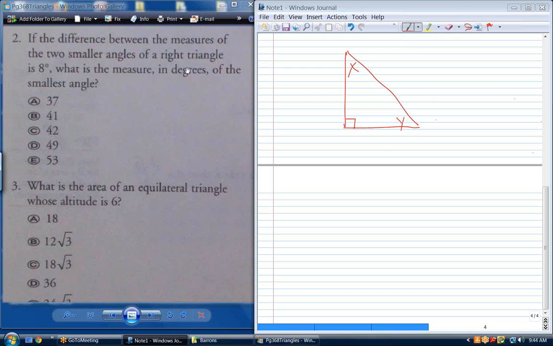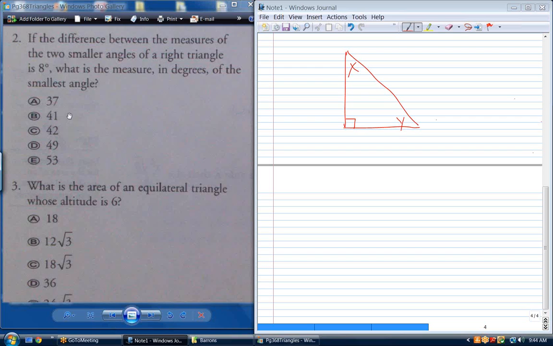Notice that it says, what is the measurement of the smallest angle? We want to start with 37 or 41. I'm thinking it's actually more efficient to start with 41 here. Because if 41 doesn't work and we know it has to be smaller, we'll know the answer.